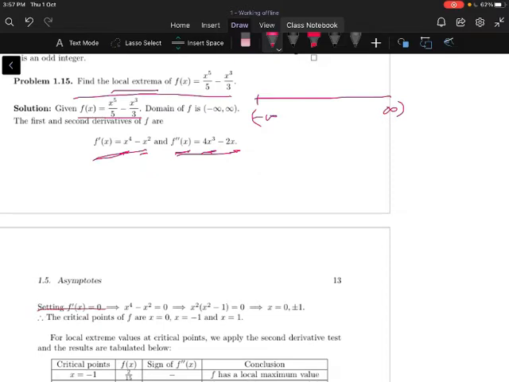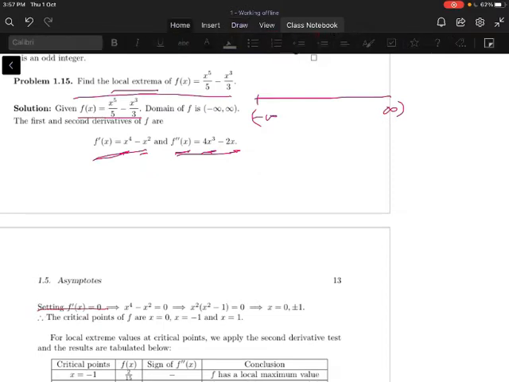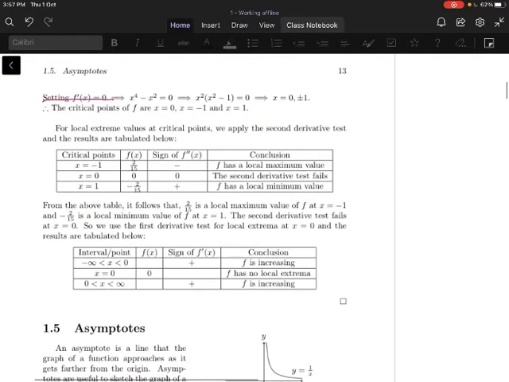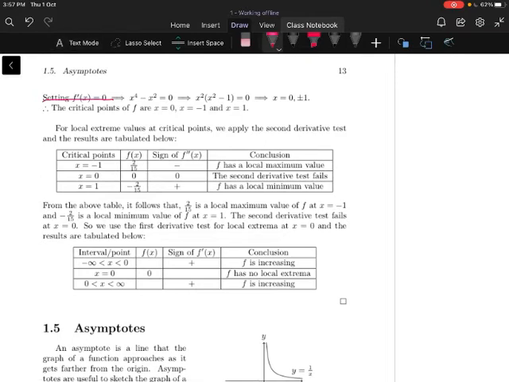Let us apply the second derivative test to find the local extreme values. Before moving to the test, let us find the critical points by setting f dash of x equal to 0. If f dash of x is equal to 0, then x to the power of 4 minus x square is equal to 0.